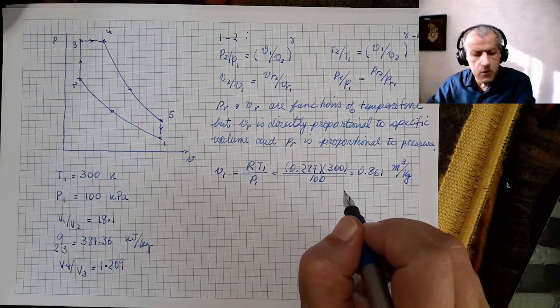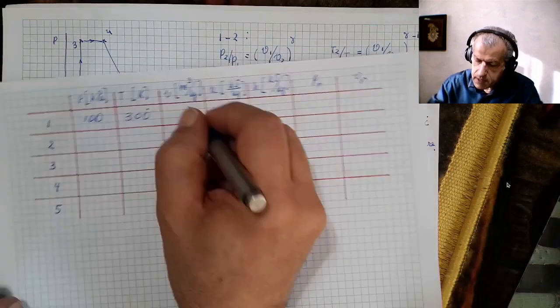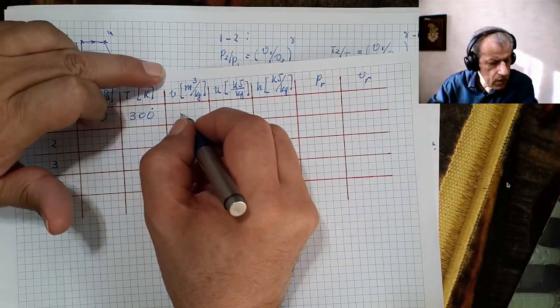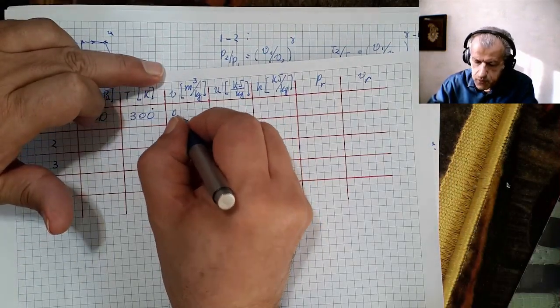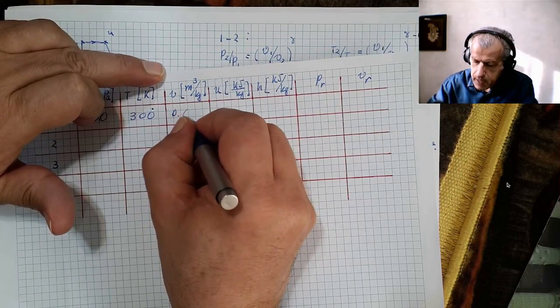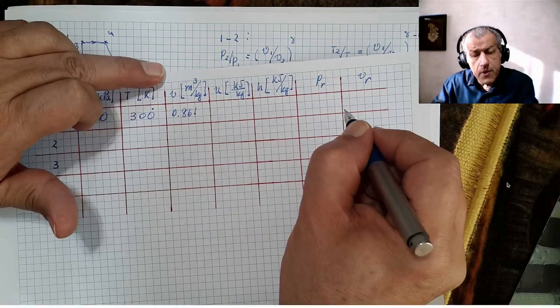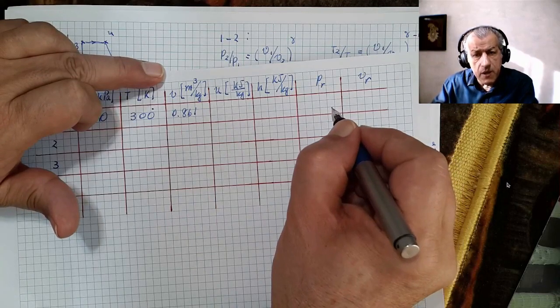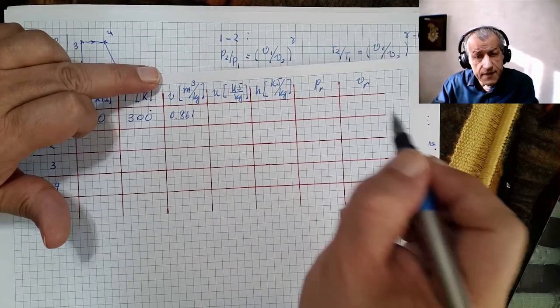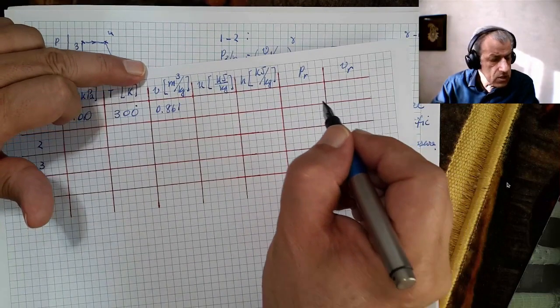That is V1, and we may write it here. V1 is 0.861. All other properties in this row may be completed from the table I just showed you.